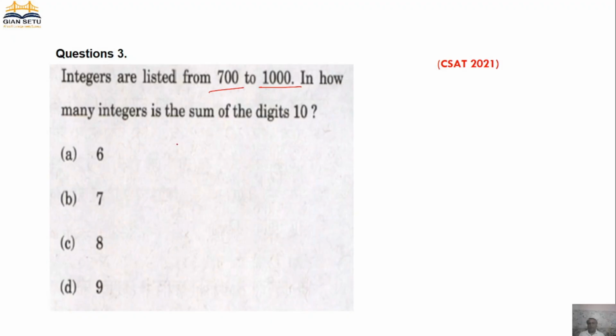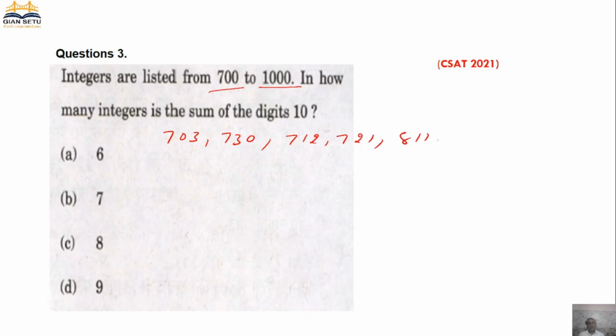Now let's start writing. Now first we will have 703, right? Then we can have 730, okay? Then we can have 712, 721, okay?